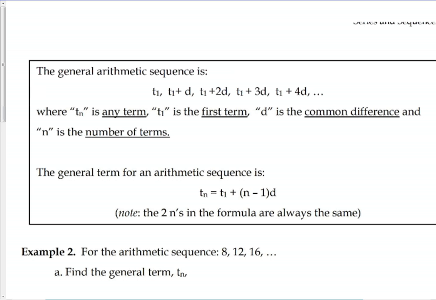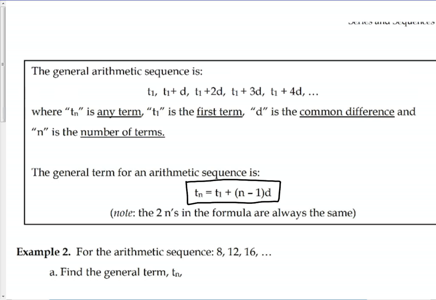Alright. So this is the formula that we're going to talk about and how we get it. T of n is any term. Usually, T of n is our last term. I say it's our last term or any term because usually the term you're looking for is the last term you need.